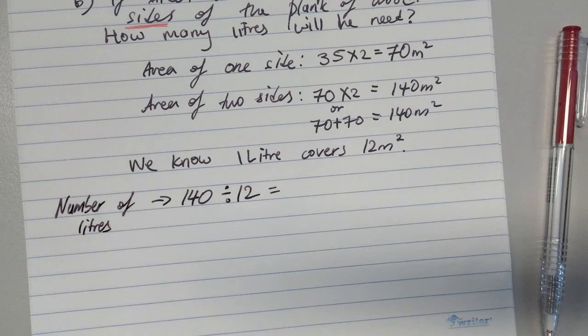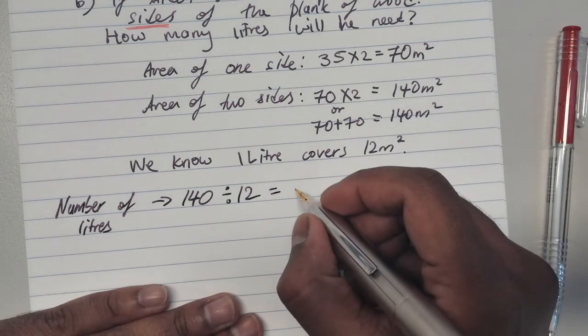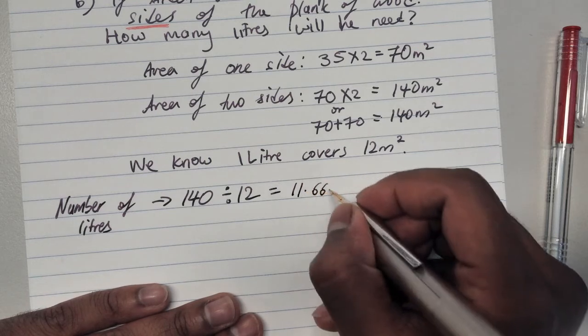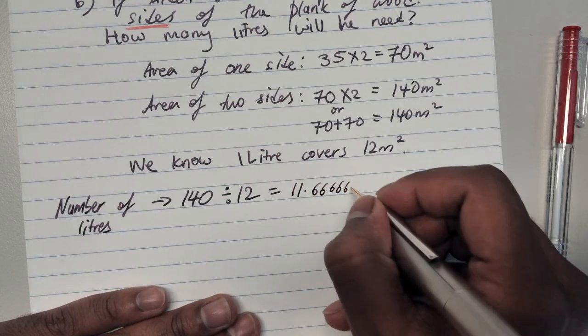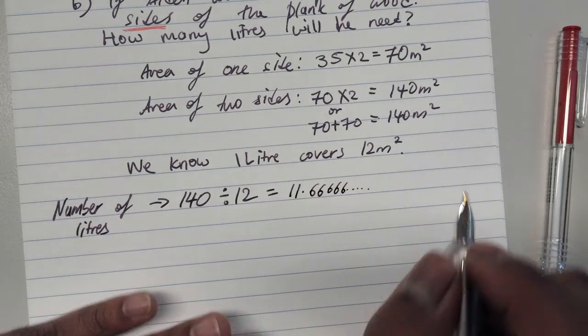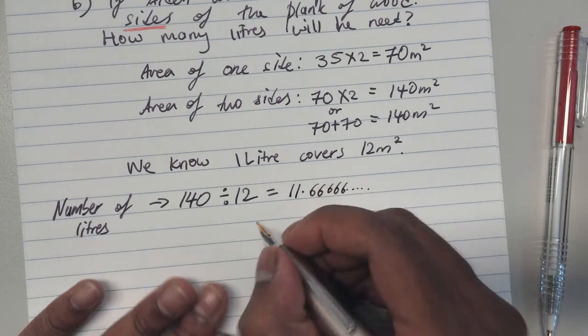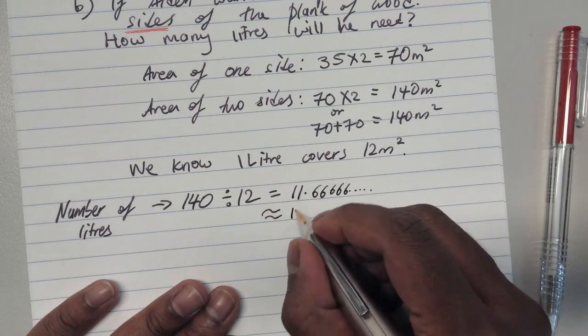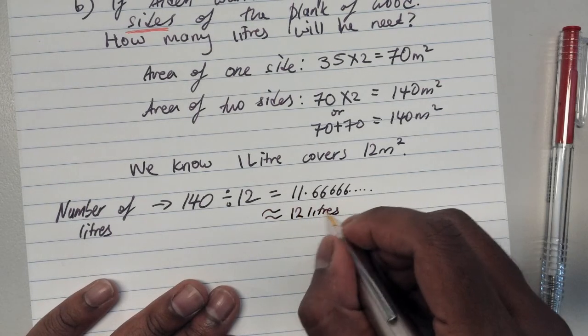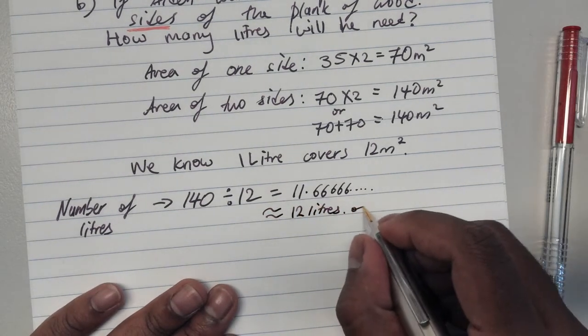So Aiden's having a party, a pink party, and he needs 11.6666 recurring bottles from Woolies. Now Aiden, can you buy 11.6666 bottles from Woolies? What do you have to buy? 12, yeah, correct. 12 liters of paint.